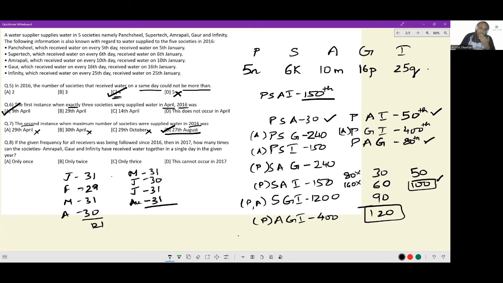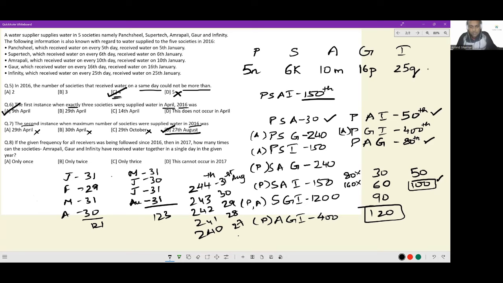So 31, 31, 31, 93, 93 plus 30, 123. Can you see, by the end of August, we have managed to reach 244 days, or the 244th day is 31st August. Then 243, 242, 241, and 240. If we go back, 30, 29, 28, and 27. And now we can be certain the 240th day is 27th August.